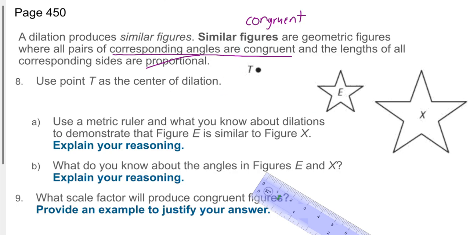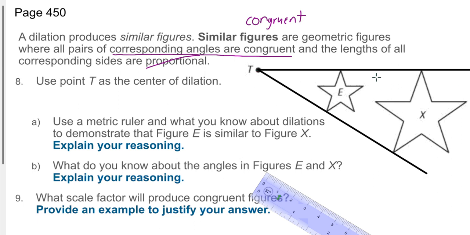So if I'm going to make a dilation, I can draw my lines starting at my center of dilation. I'll just do this twice, but I should do it at all the different points. I could do it for here to here, here to here, here to here, and if it goes through the corresponding point, it would be the same. It would be an actual dilation.